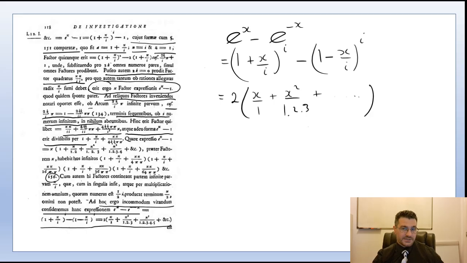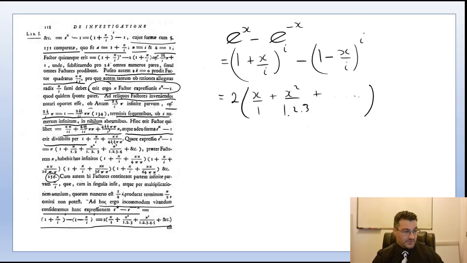Okay, so what he's going to do now is a very similar thing to what he's just done. But what we'll end up with in this case is a series of factors, an infinite number of factors, none of which has this infinitely small part to it, which is much more desirable in his opinion.